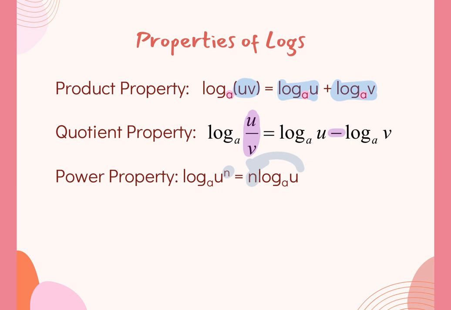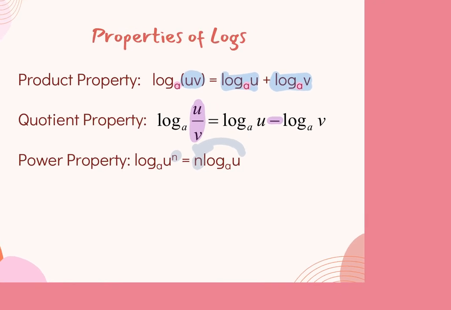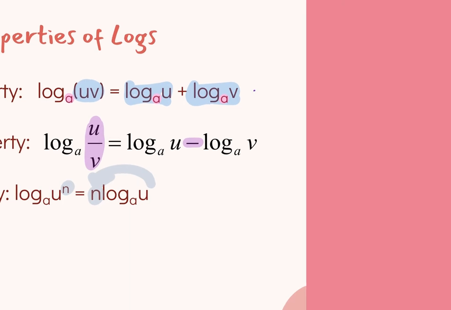If you think about why this happens, logs are basically just exponents written in a different way, right? So if I multiply, let's say x to the third times x to the second, what do I do with their exponents? I add them. So this becomes x to the 5th. Multiply becomes add.